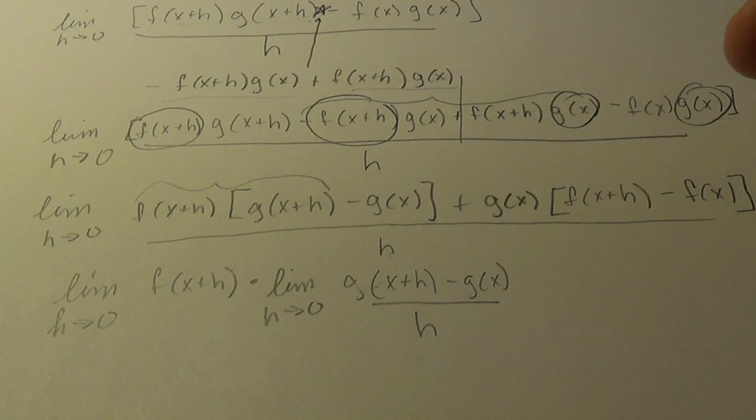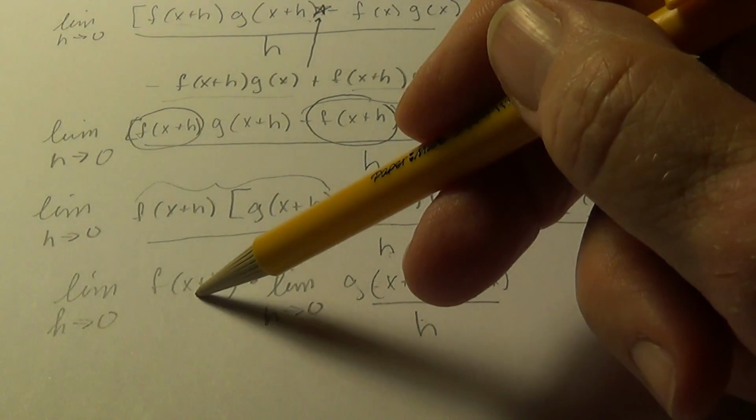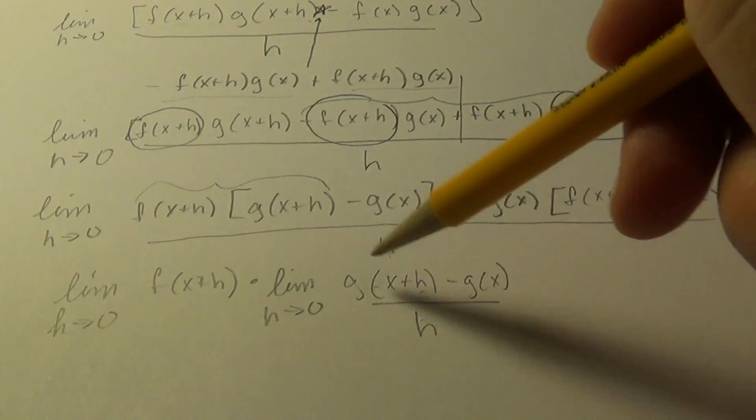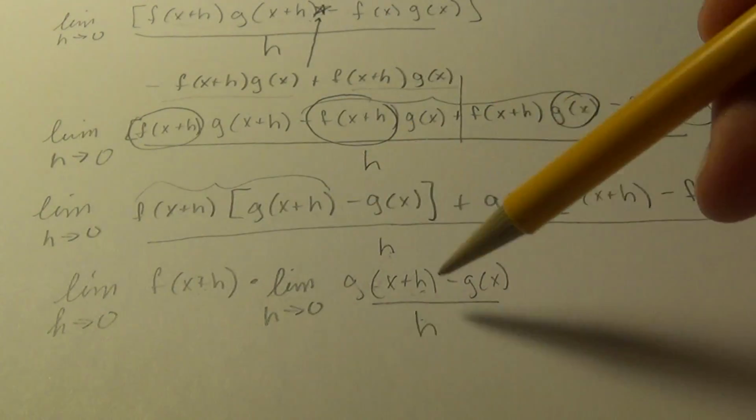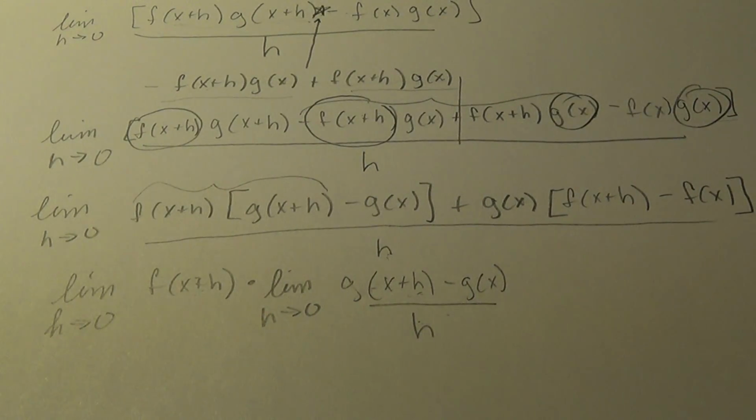So notice I have the h here, I do not have it here, but if I was to multiply these expressions, we would get back to here. So algebraically that's sound to split it up like that.